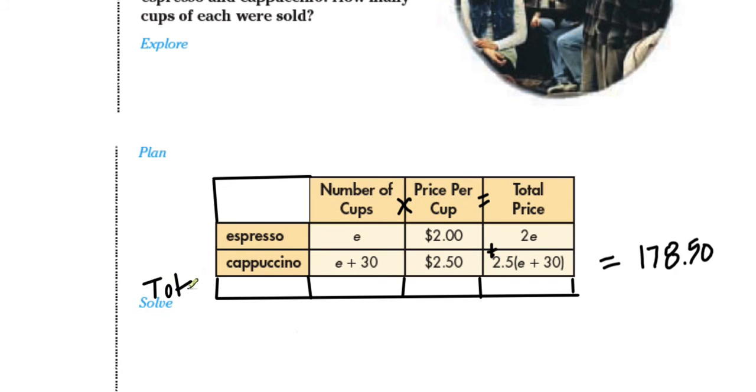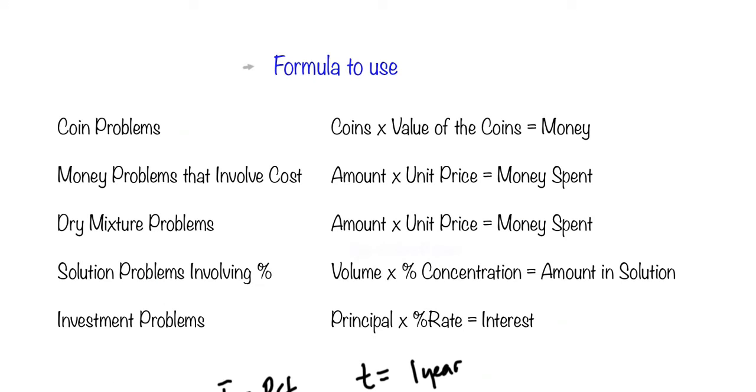The total is there. And I would be putting 178.5 here, and I will just be adding 2E plus 2.5E equals 178.5. Let me show it to you in.